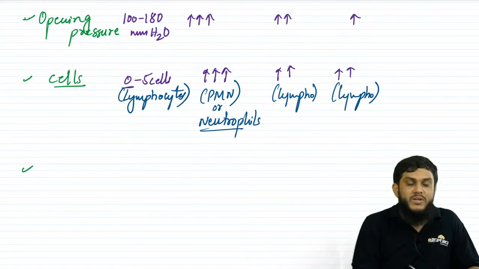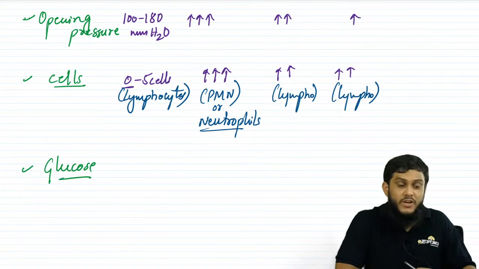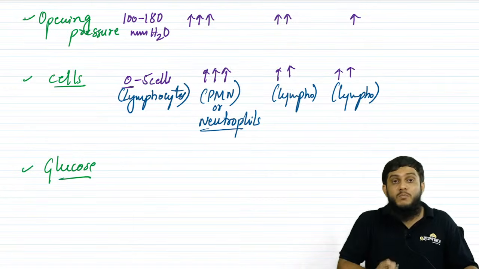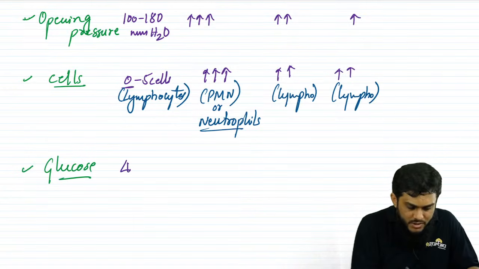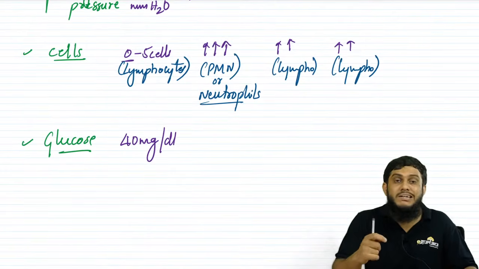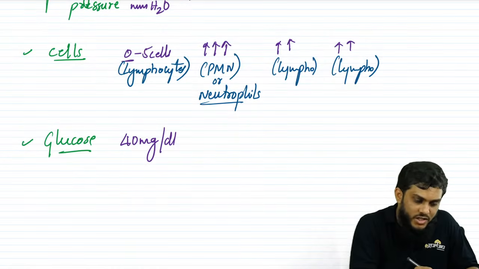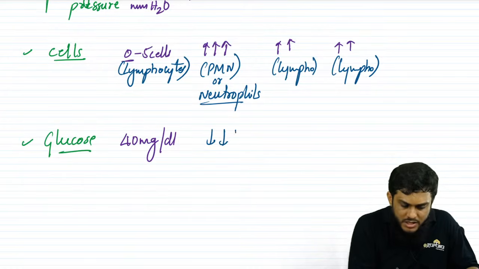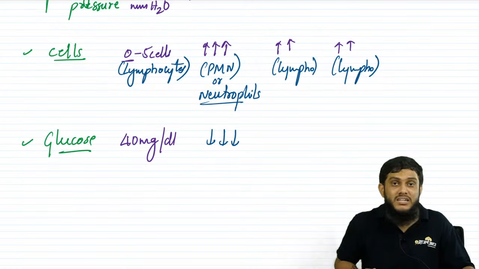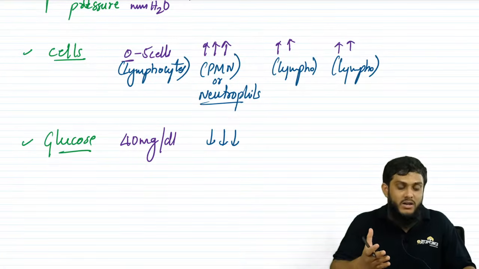The next parameter is the CSF glucose. Normal glucose is 40 milligram per deciliter. In bacterial meningitis, glucose is drastically decreased, to less than 20 or less than 10.